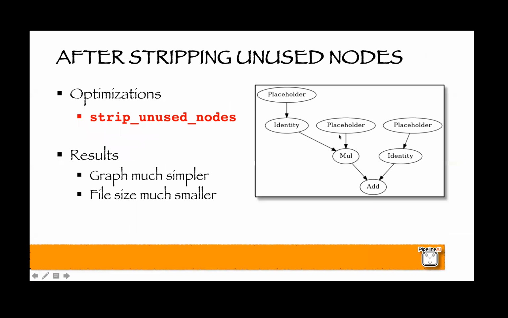You'll notice that these right now are placeholders. This term placeholder, I should probably mention, is a placeholder for something that has to come in from outside of this graph.